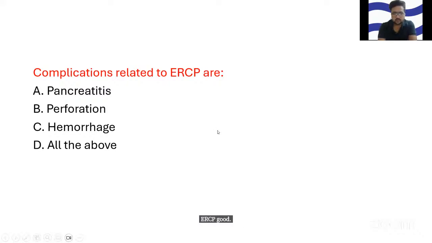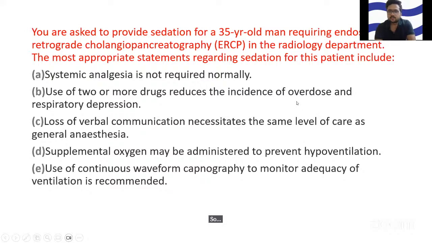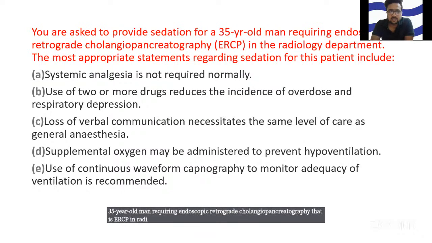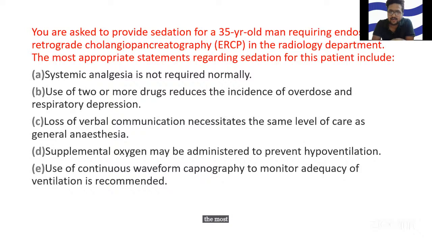So this is a case. You're asked to provide sedation for a 35-year-old man requiring endoscopic retrograde cholangiopancreatography, that is ERCP, in the radiology department. The most appropriate statements regarding sedation for this patient are: option A, systemic analgesia is not required normally.